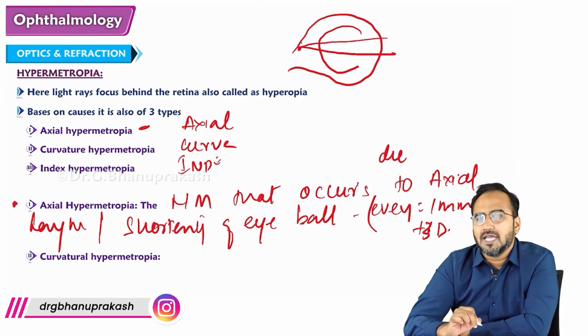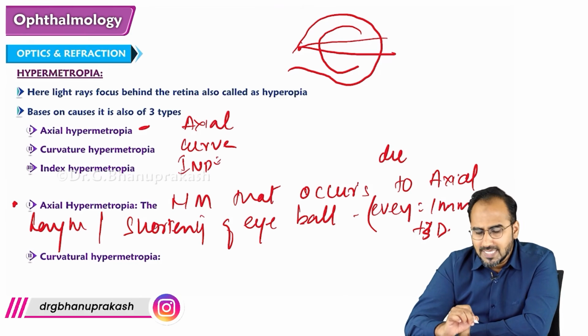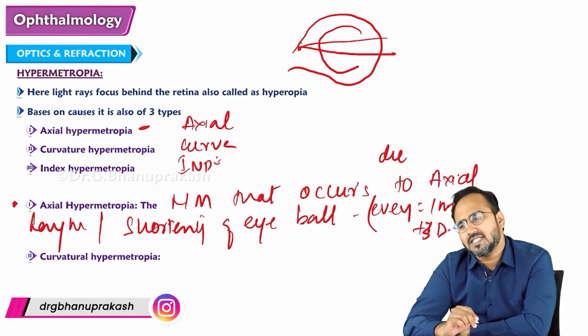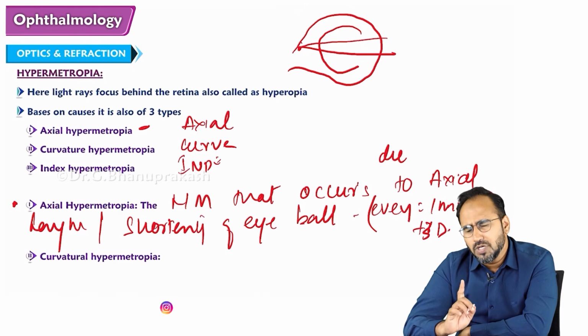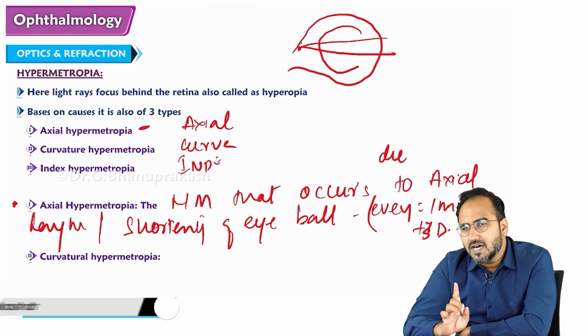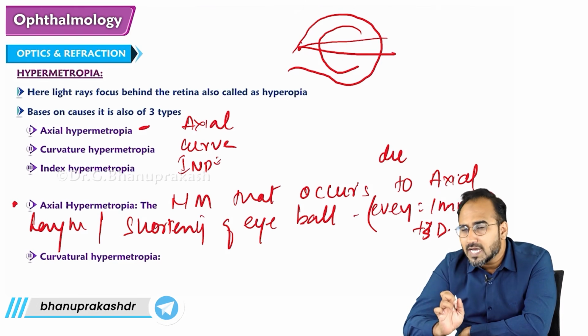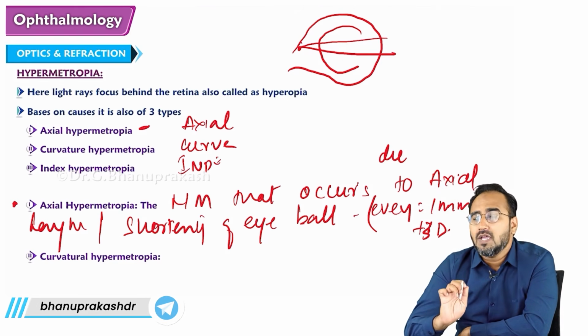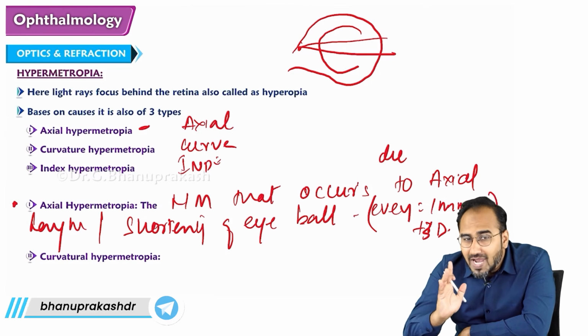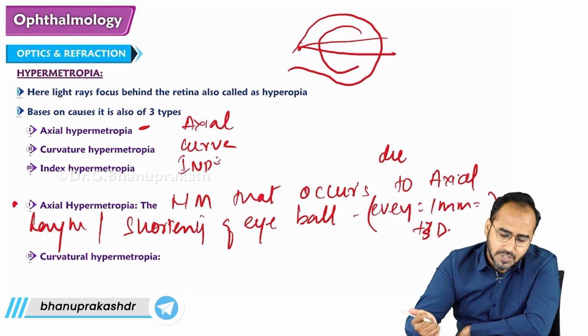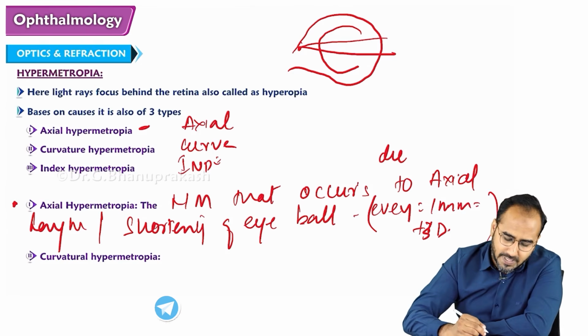Second is curvatural hypermetropia. Once again guys, what was curvatural myopia? I told you the cornea is spherical and curved at some places. Too much curving of the cornea can lead to curvatural myopia, whereas too much flattening of the cornea can lead to curvatural hypermetropia.